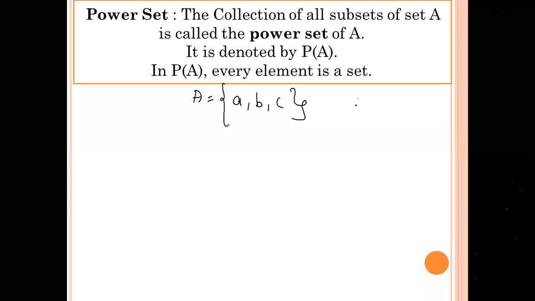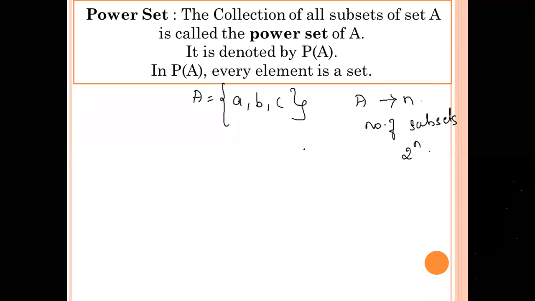If A has n elements, then the number of subsets is 2 to the power n. Now my A has 3 elements, so how many subsets are possible? Good Purnima, it is 8. It's not 9, it is 8.